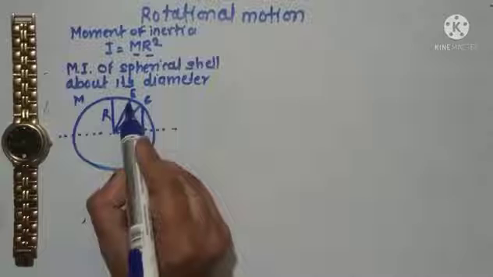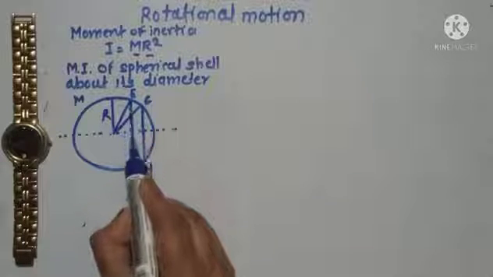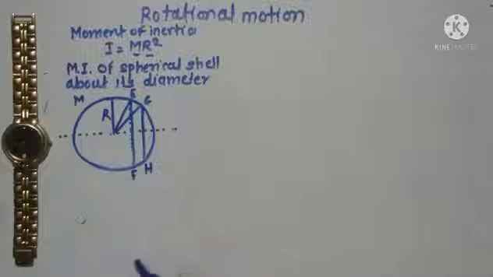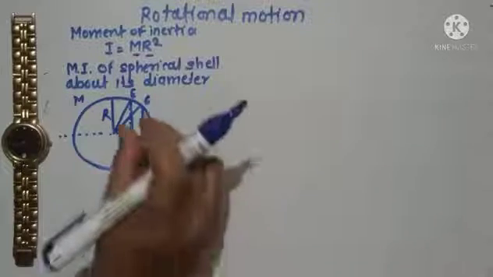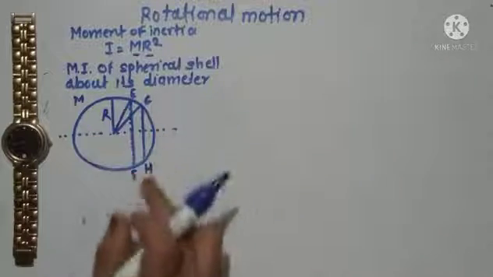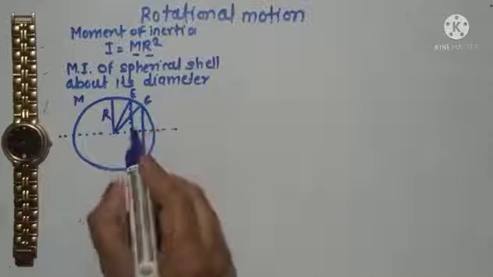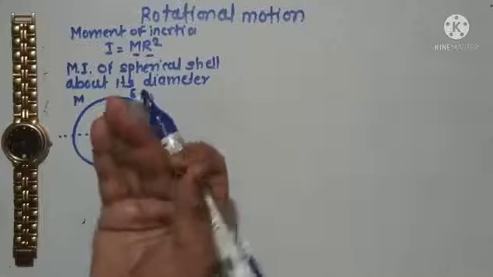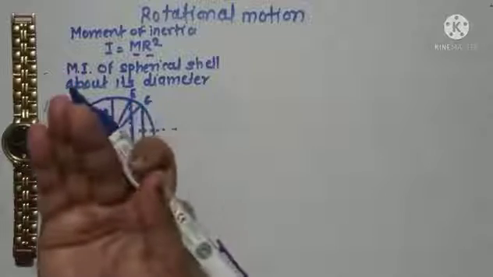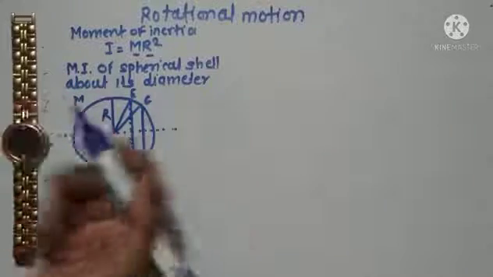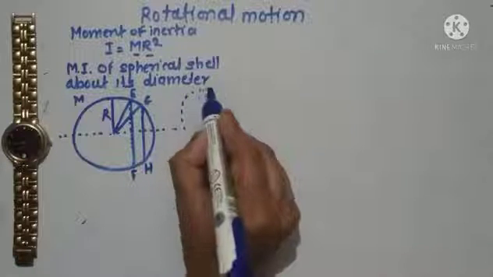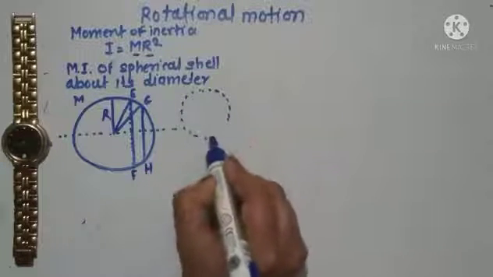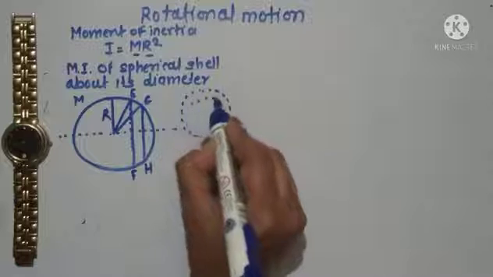So this spherical shell is divided into thin slices bounded by this EF and GH. Now this will be a thin slice of this spherical shell, and if I see this from the front side, or if I rotate it by 90 degrees on the left hand side, I can see clearly a thin ring like this.